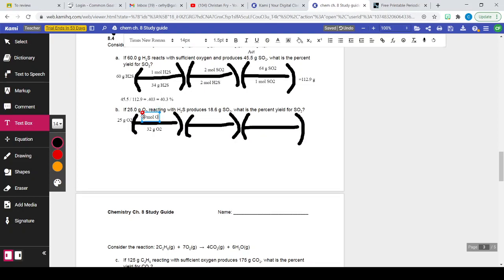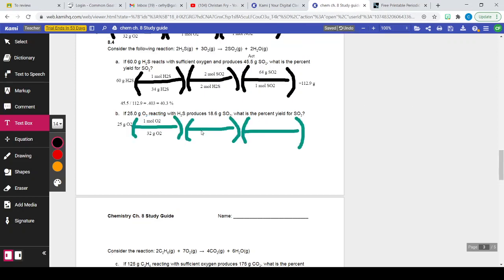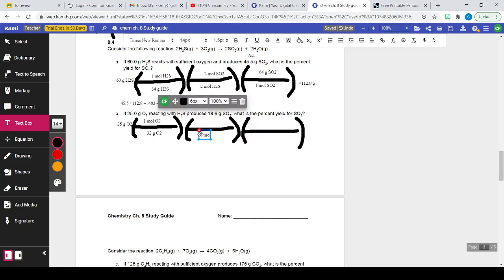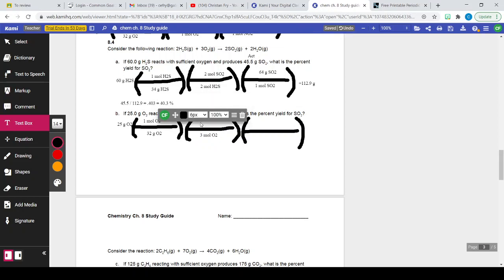1 mole of O2. All right, now I've got to use the equation. So there are 3 moles of O2. And I want to get to SO2. So there are 2 moles of SO2.